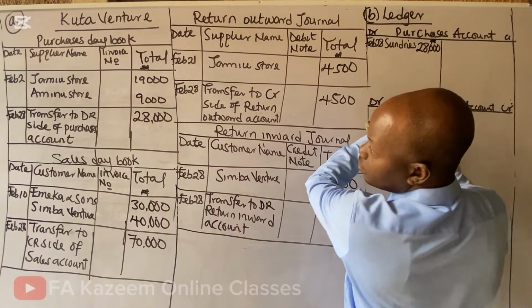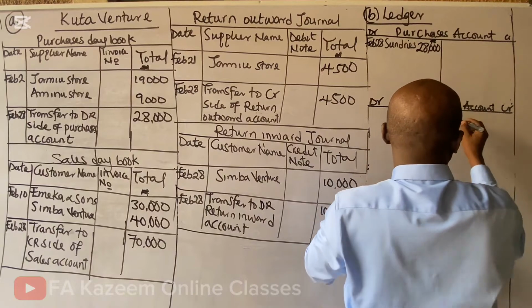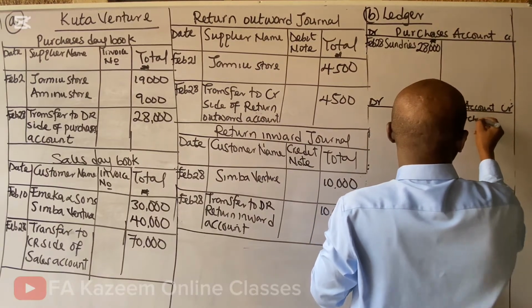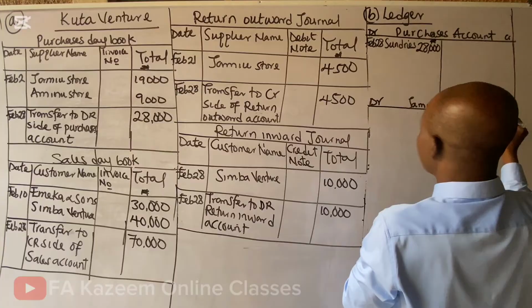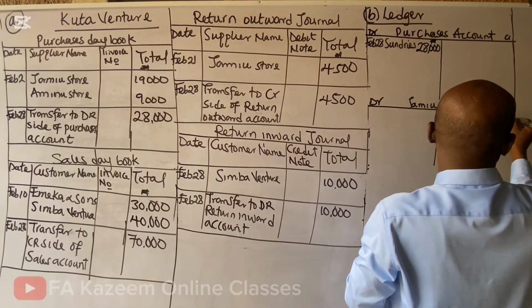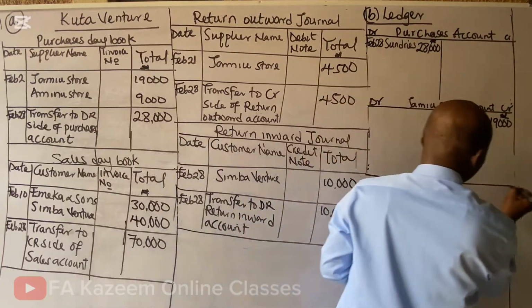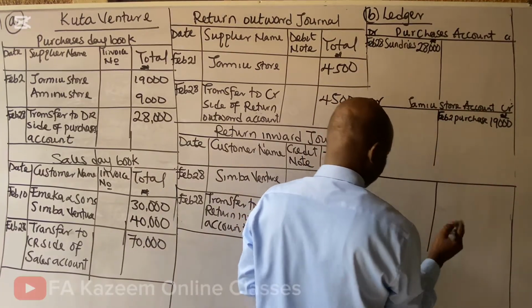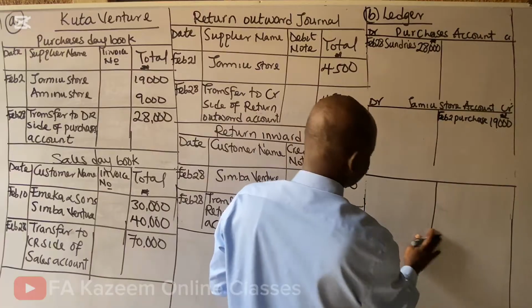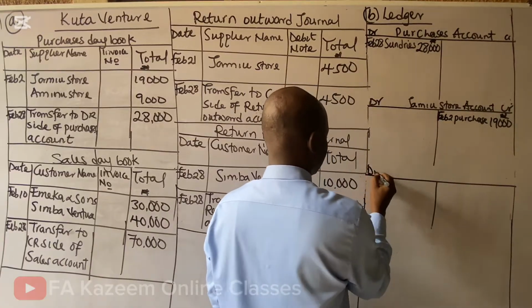Our particular, February 2nd, our particular will be purchases. How much? 19,000. Don't forget to put Naira sign. Who is the second supplier? The second supplier is Aminu.